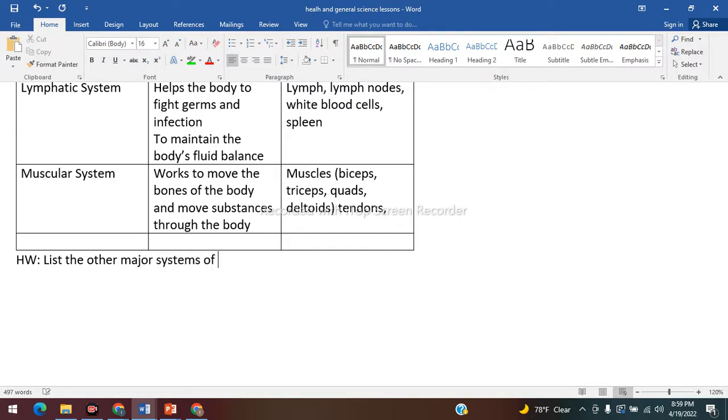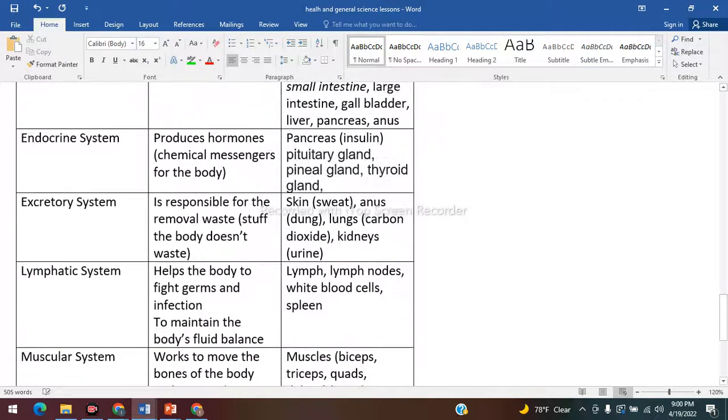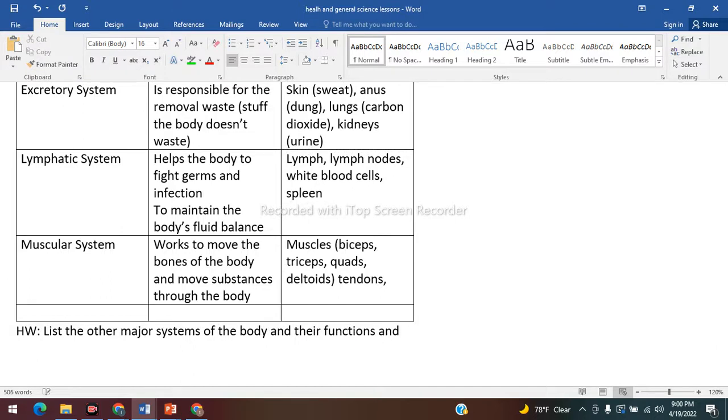Systems of the body, and their functions, as well as the organs they include, and two of the organs or structures associated with these systems.